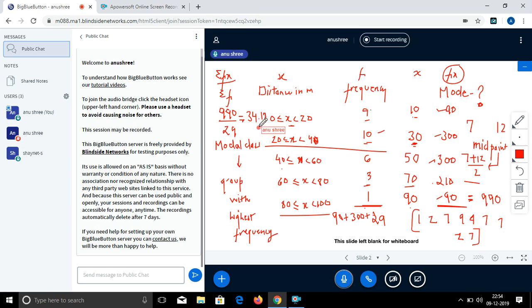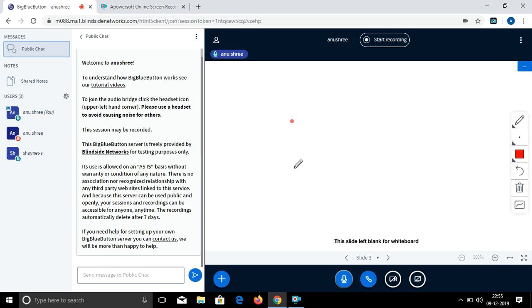Okay. Now you explain me what you have to do. Step by step tell me if there is a table and you have to calculate the estimated mean or the mean. How can you calculate this? What are the steps to be followed? One by one. Suppose I'm just giving you a table.